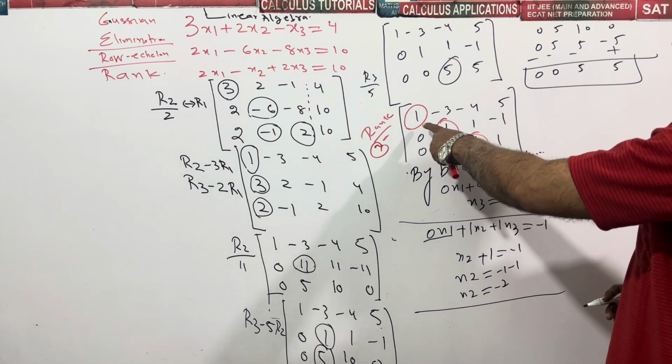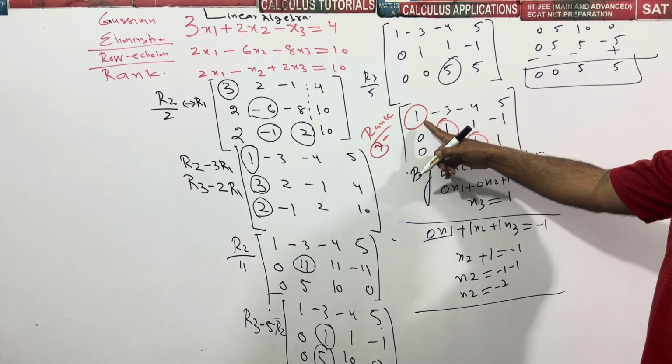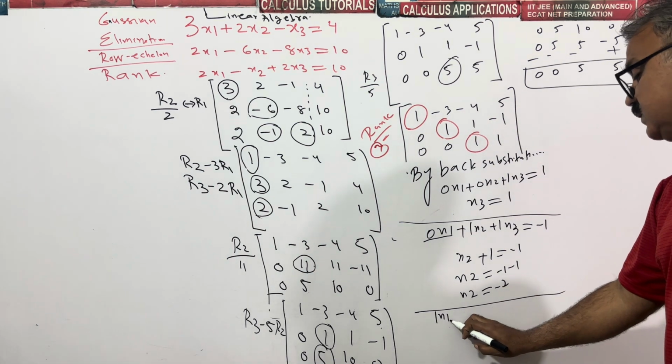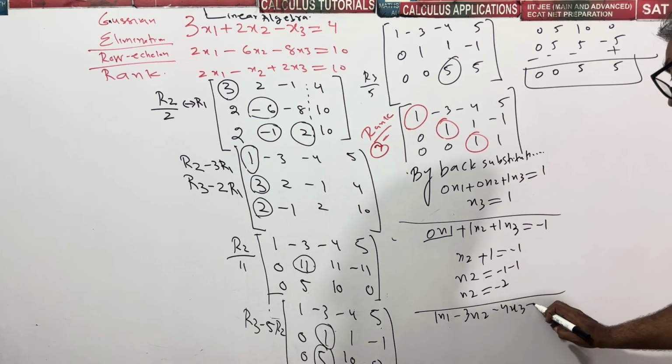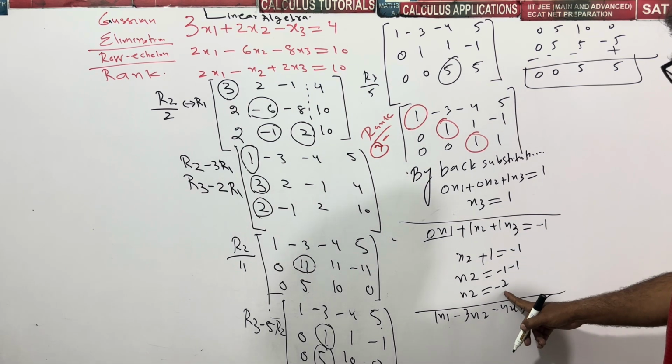Now moving from R3 and R2 to R1: 1x1 minus 3x2 minus 4x3 is equal to 5. We have the value of x3, that's 1. The value of x2 is minus 2.